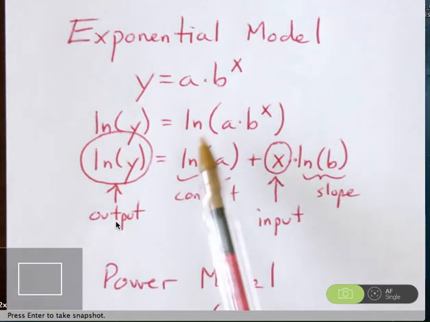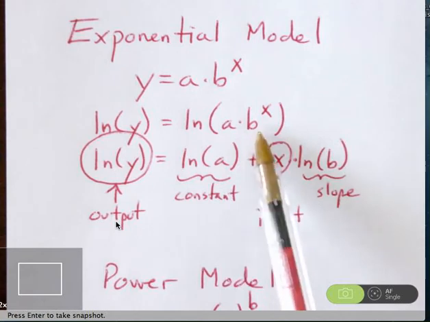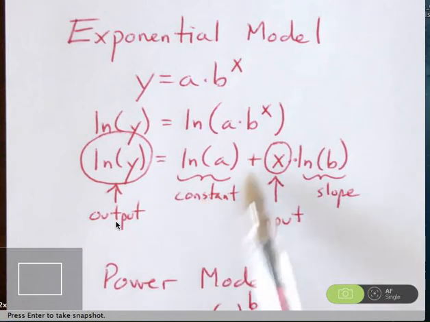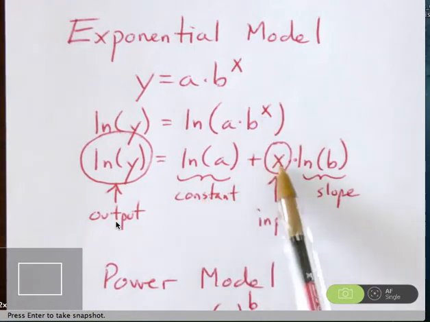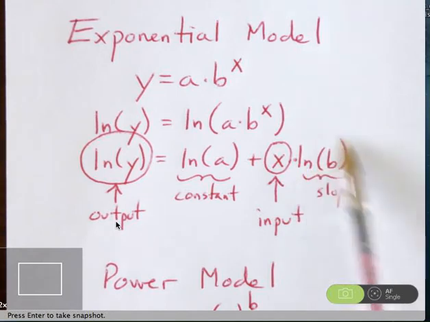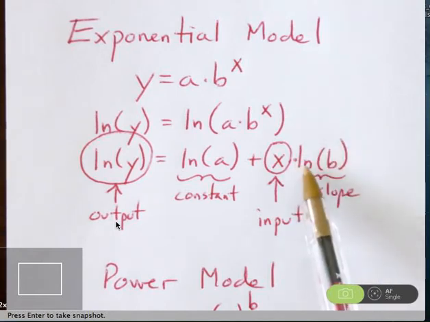On the right side, if I take this expression and split it up, I get the natural log of a, that becomes my constant, plus the value of x, that is the input, times the natural log of b, that ends up being the slope. So this really should be a linear form.